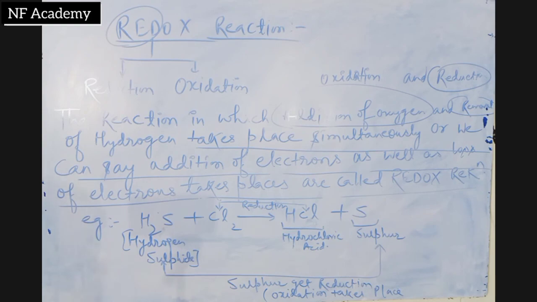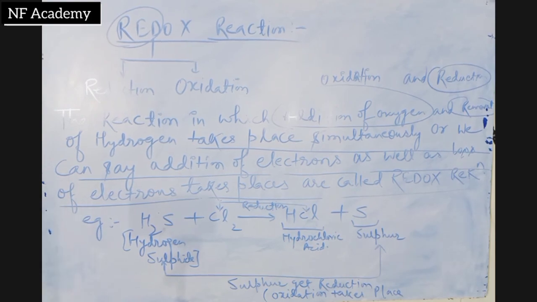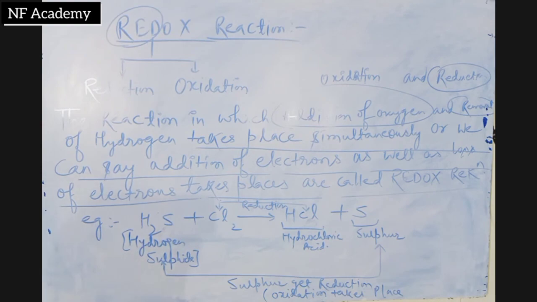Okay, so one more example we can use here, as you mentioned in the previous example of oxidation: when copper oxide reacts with hydrogen, copper gets reduced and water is formed. So here from copper oxide, the copper gets reduced and therefore it is called a reduction reaction, as well as the hydrogen gets oxidized and therefore it is called an oxidation reaction.